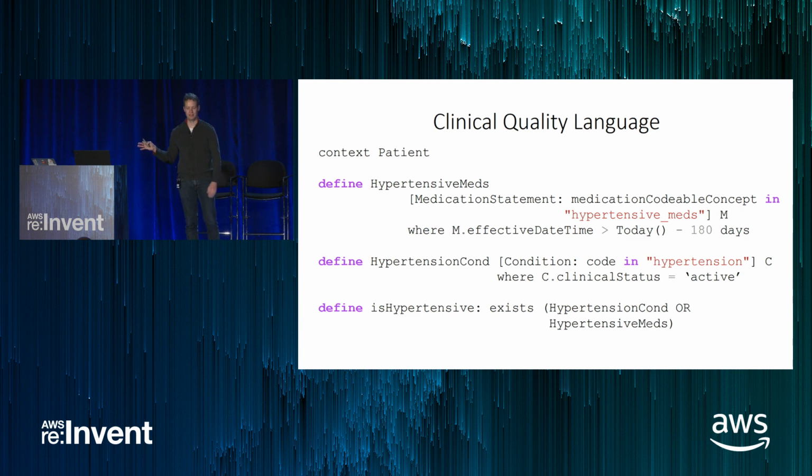And it also benefits from the fact that there's been a lot of work in curating and defining this sort of query language in a way that it's easier to use. And also, interestingly, the quality language is migrating towards using FHIR as its core data model. So when it's a medication statement or hypertension or clinical condition or that sort of thing, these are the FHIR resources. So they're really well-defined and well-documented in what they're working with.